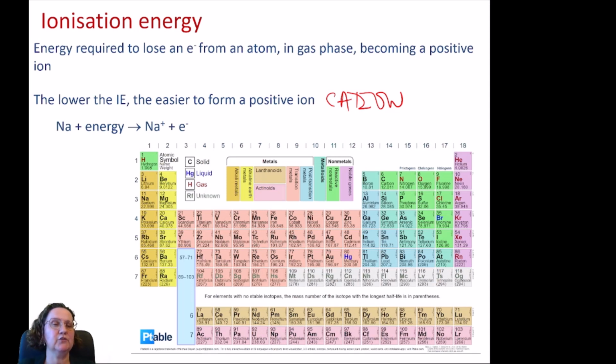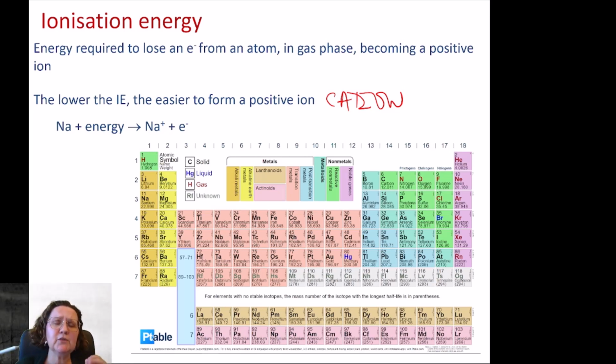So if I think about it, the smaller the atom is, the more difficult it will be to take that electron away, because the closer it will be to the nucleus, so the more attracted it's going to be to the nucleus. So if you have an atom like francium that has 87 electrons and you're taking one electron away, the furthest away from the nucleus, well, that will require some energy.